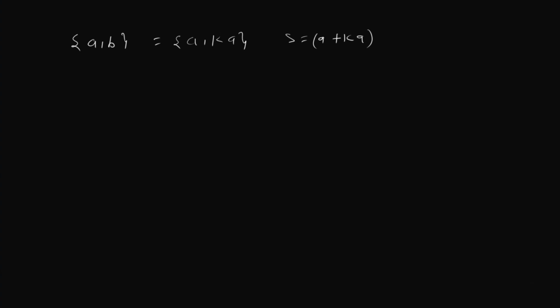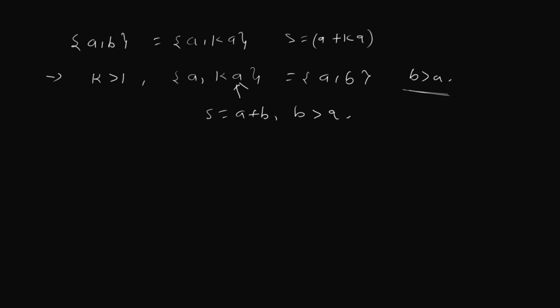Yes. And what I previously said is that when we have k equals 1, we always have a second element. Let's suppose it as a comma b. We always have b greater than 1. When we have this, the sum would be a plus b, and b is greater than 1.